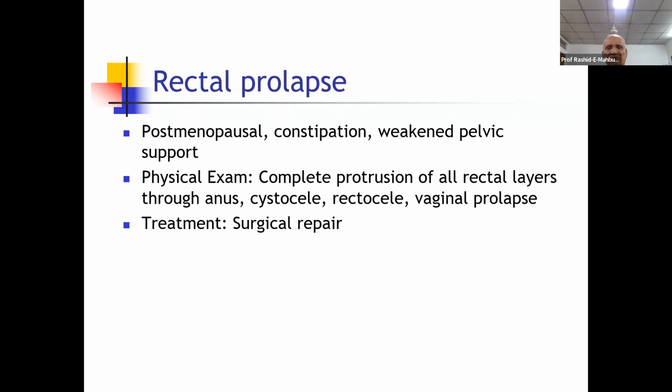And in females, this rectal prolapse is always with cystocele, rectocele, and vaginal prolapse also. Because if there is a distortion of the pelvic floor, all these things can happen. You can just guess it, but treatment of these things depends upon the gynecologist, who can do it better. In a general practitioner's setting, it may not be possible to do the treatment in that way.